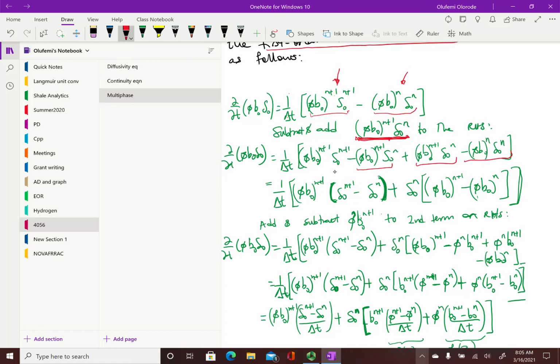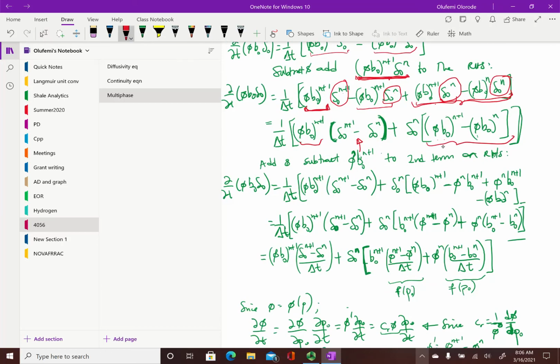And now you can collect this term outside the parentheses, right? So that is this. And then you have S naught at n plus 1 minus S naught at n. That's what this is. And do the same thing on this side. Combine these two equations. Take S naught out. That's what is common. And this is what is left.